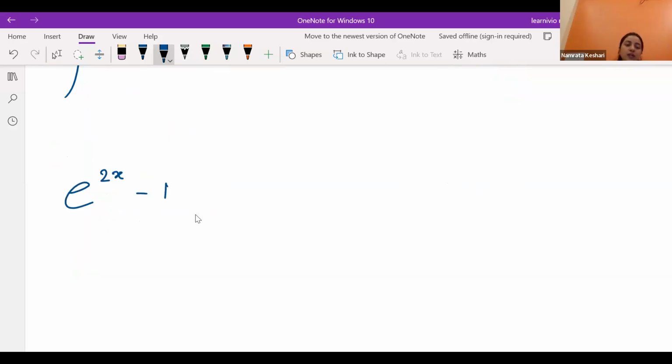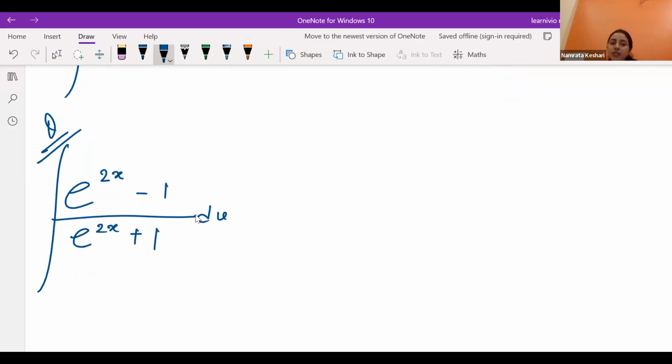e to the power 2x minus 1 by e to the power 2x plus 1. If we are having this, we have to do the integration of this function. Then what we'll be doing? What we will be taking as a substitution? 2x, if we will be taking, wait, here dx was there.